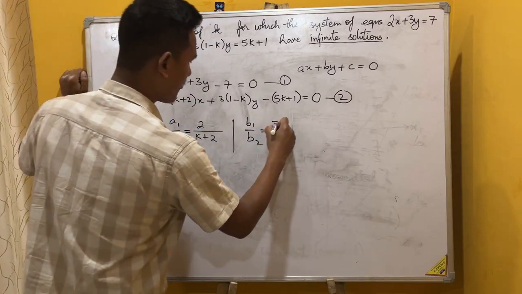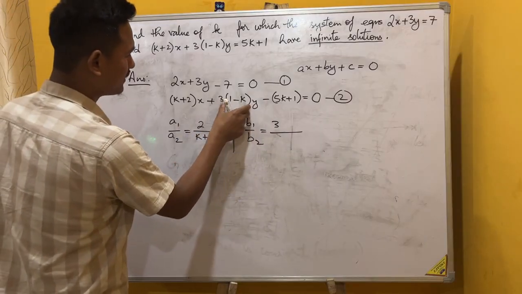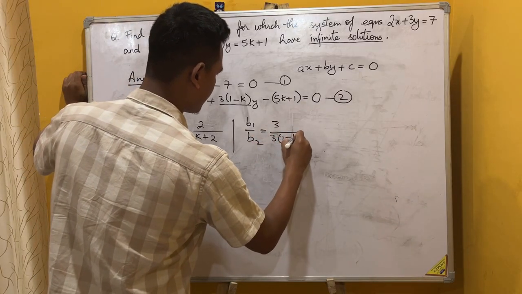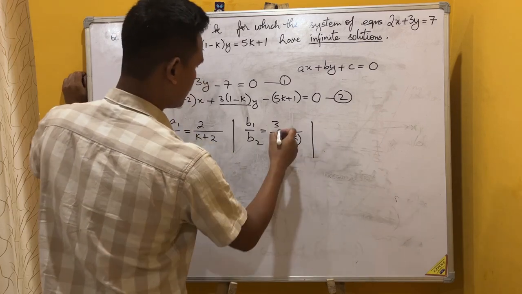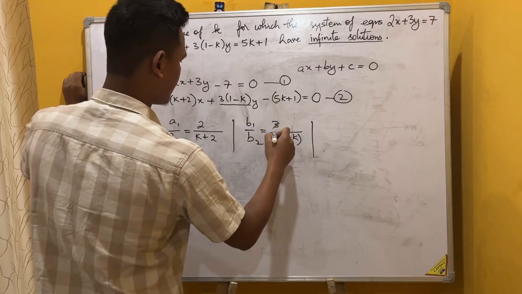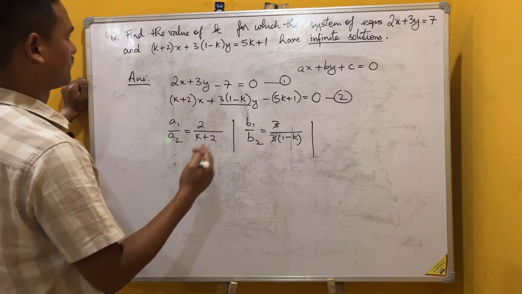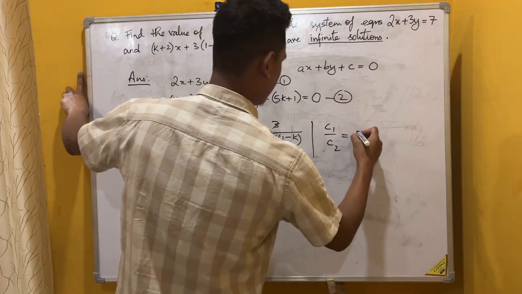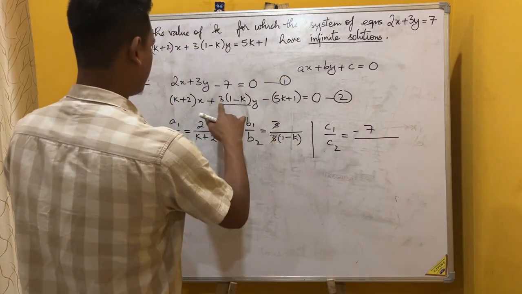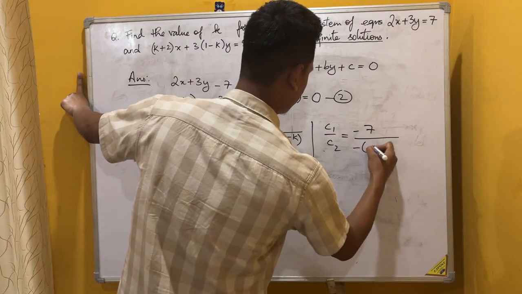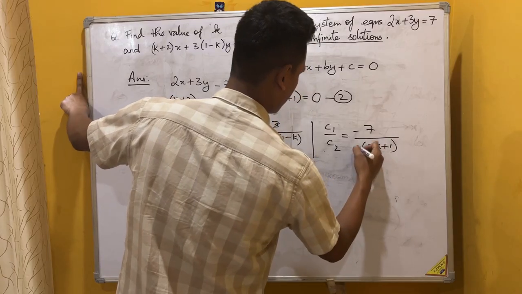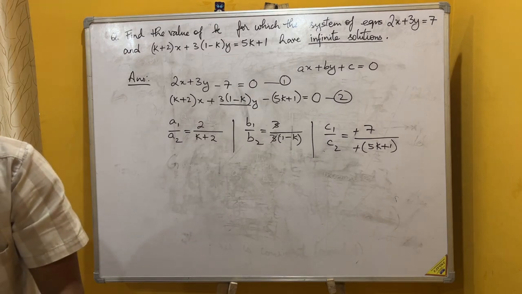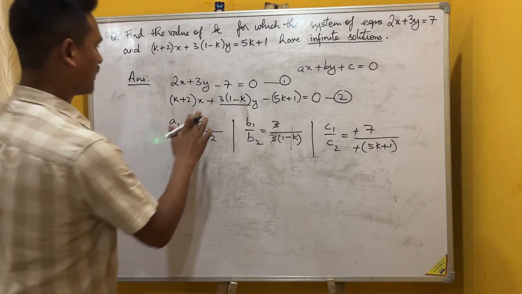So b1 is 3, b2 is the coefficient of y, the entire value, 3 times (1 minus k), and this 3 gets cancelled, and c2 is minus. This is minus, by the way.